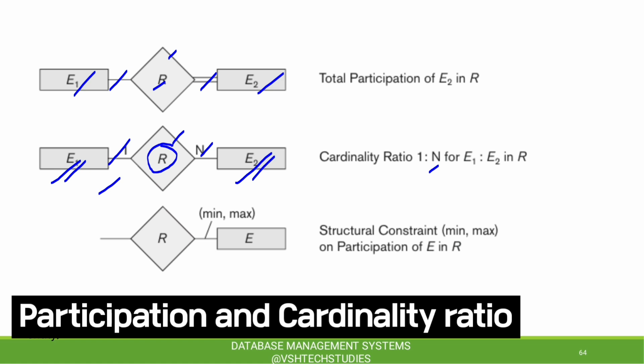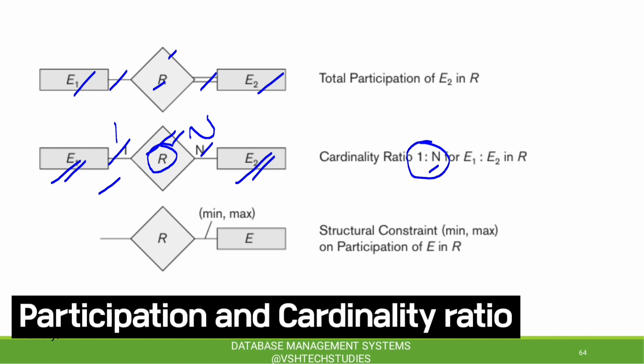Here this is the controls relationship, so one department can control n number of projects. So in the relationship controls, the cardinality ratio between participating entities E1 and E2 is 1:n.